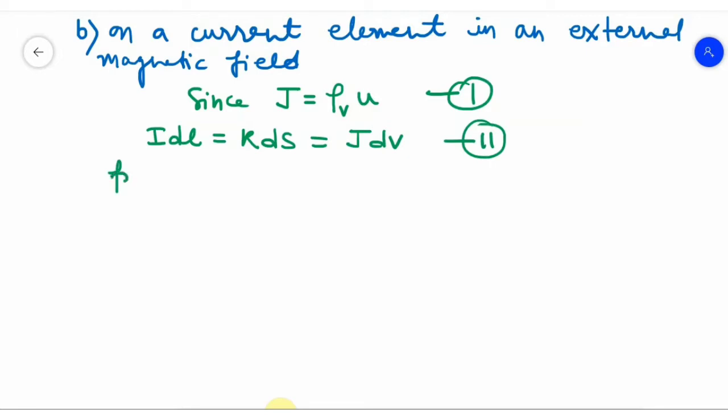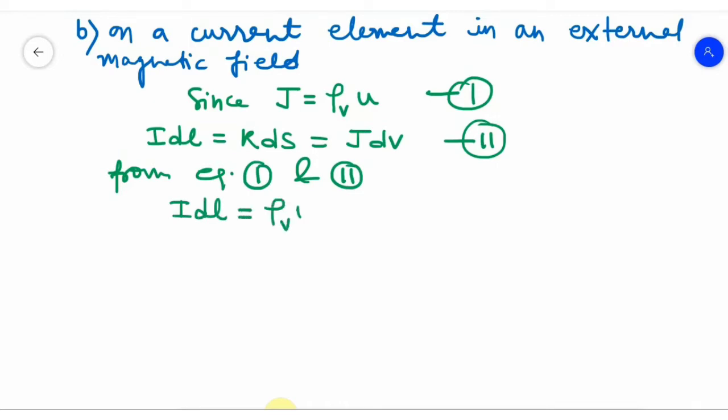Now from 1 and 2, what can be concluded? From equation 1 and equation 2, we can conclude that IDL equals rho V U into dV.